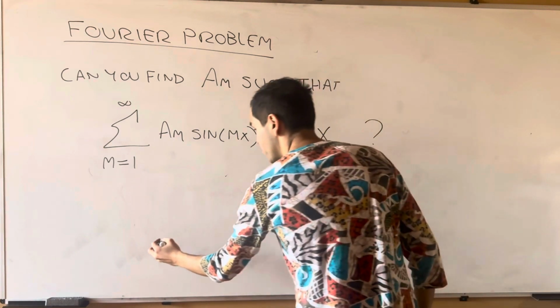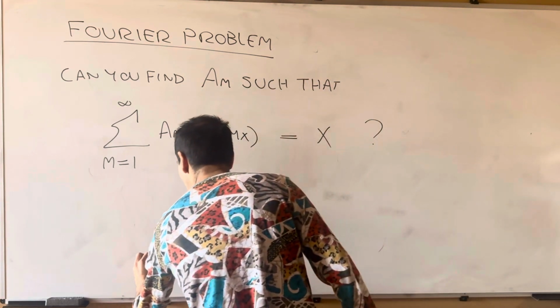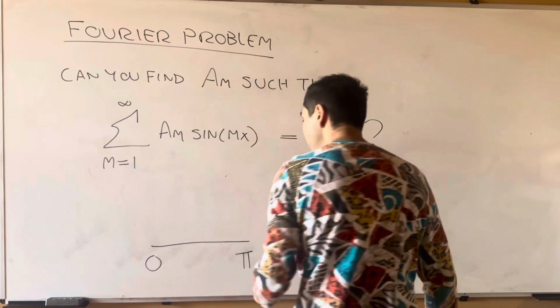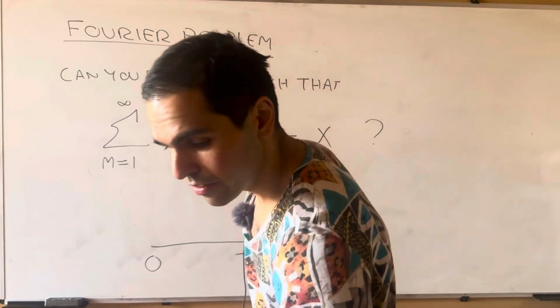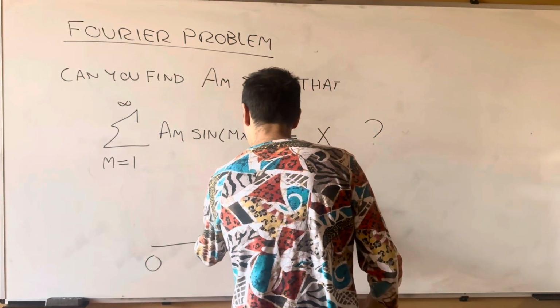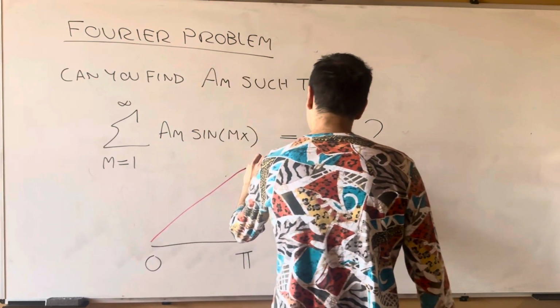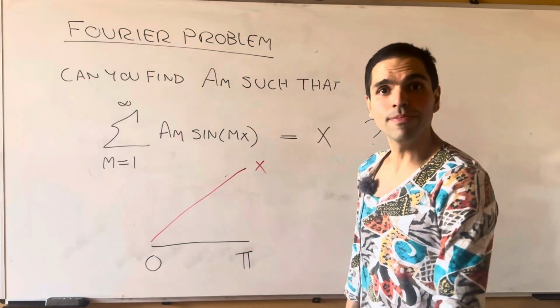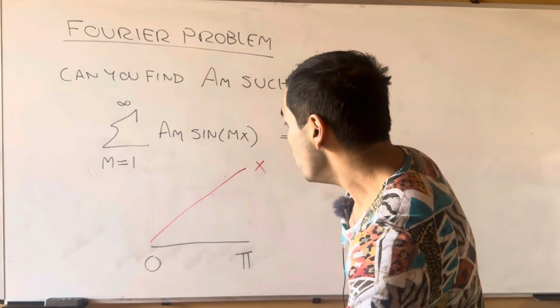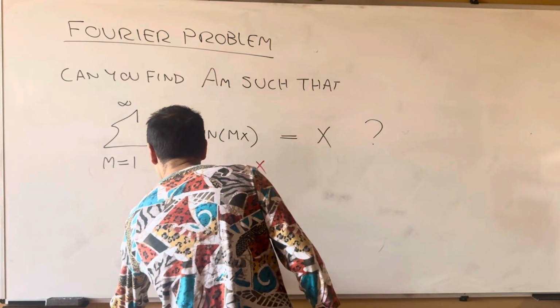In other words, given the function x on the interval 0, pi, which maybe looks like that, is it possible to approximate the function x with little sine waves?